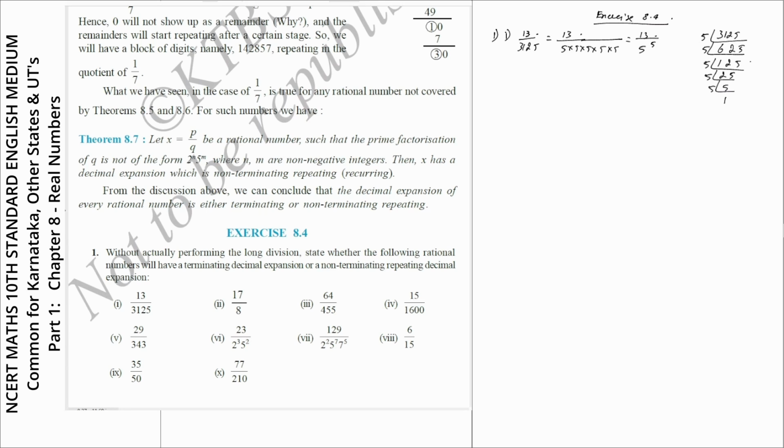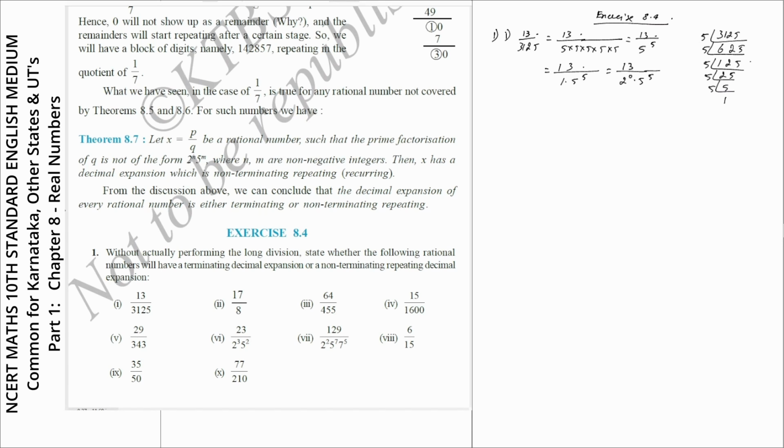Now you can see this I can express as 13 by 1 into 5 power of 5. Now 13 by 1 I can write as 2 power of 0 into 5 power of 5.